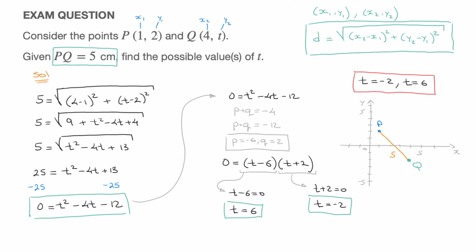And the other possibility is that t equals 6, in which case the point Q would have coordinates 4, 6, in which case the point Q would be up here. And so if I quickly add that, there we go. And so I'll label that Q prime, just for the sake of distinguishing it, in which case the length PQ would be this length right here. There we go, and that would also equal 5 centimeters. And there we have it.